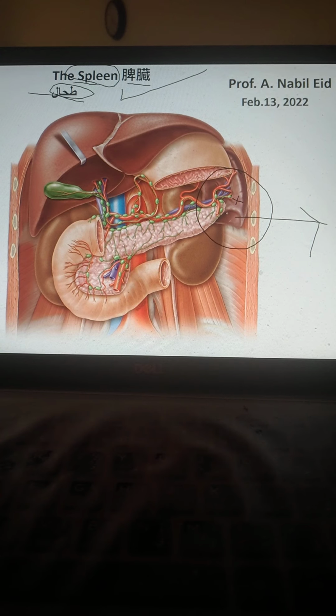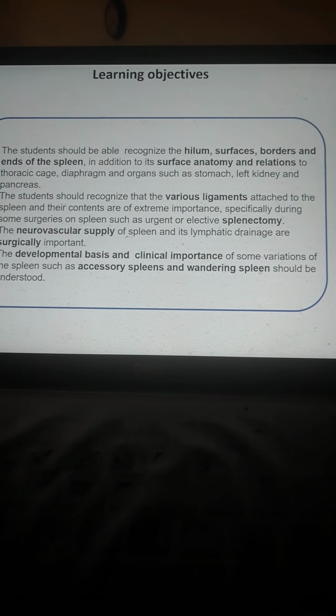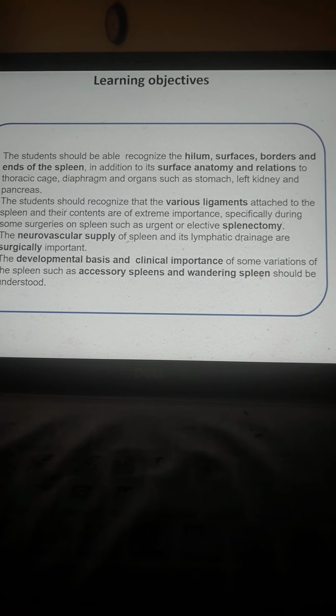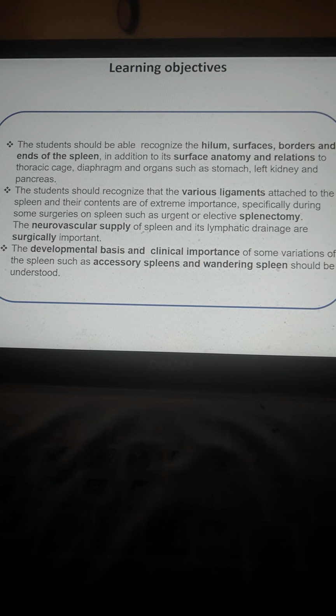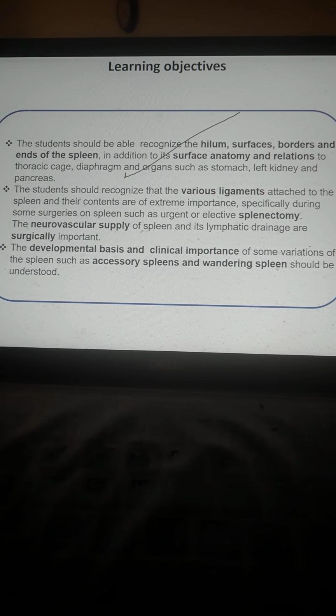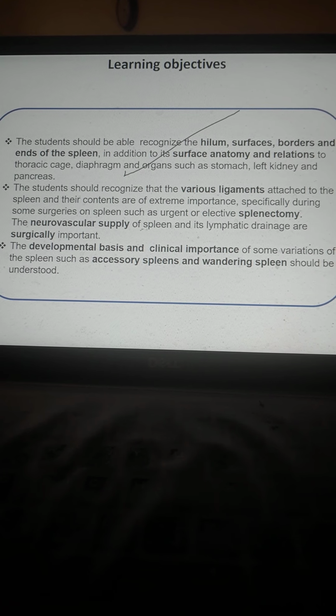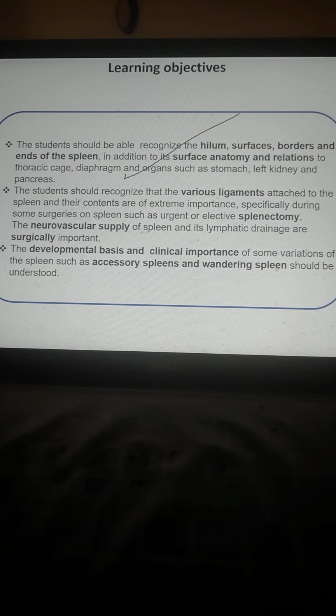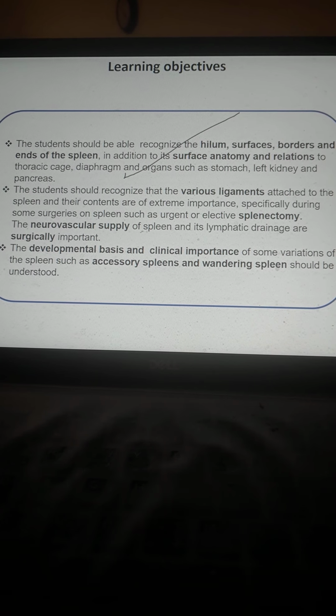So, as you see here, here are the main learning objectives. You can read them by yourself. The spleen has surfaces, borders, and hilum.